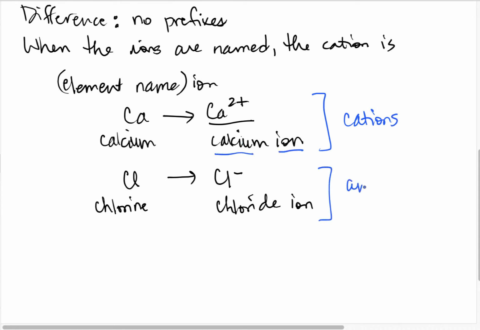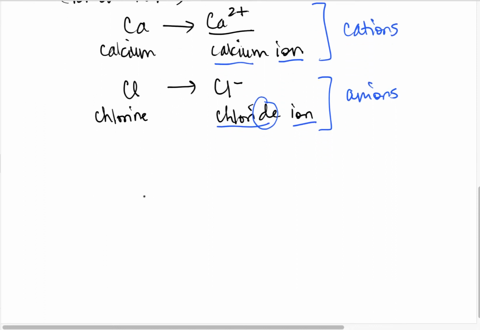When we have anions, it becomes the element plus the "ide" and then ion. Okay, so let's look at a few examples of some different element names and molecular formulas. We already did sodium chloride, so let's look at a couple of other combinations.